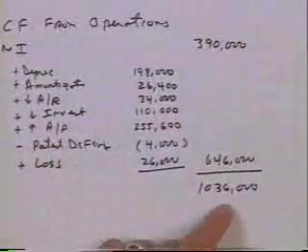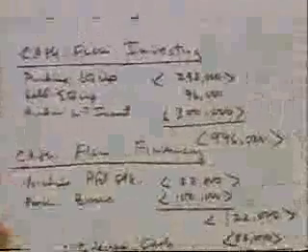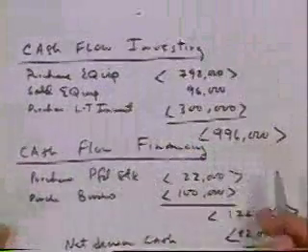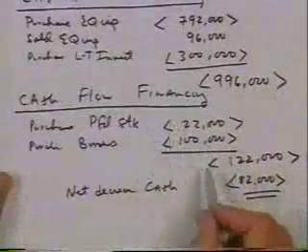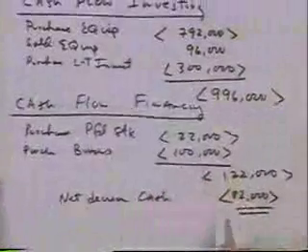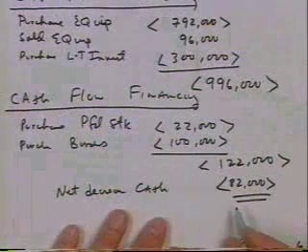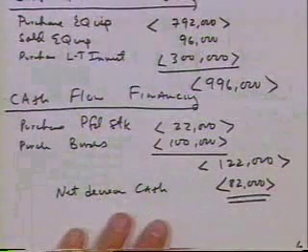Then we look at what happened in the other sections. We have a net cash in from operations of 1,036,000, a net decrease in investing of 996, and a net decrease of 122 in financing, the two items. We net everything together, and luckily, yet again, our cash flow statement balances.